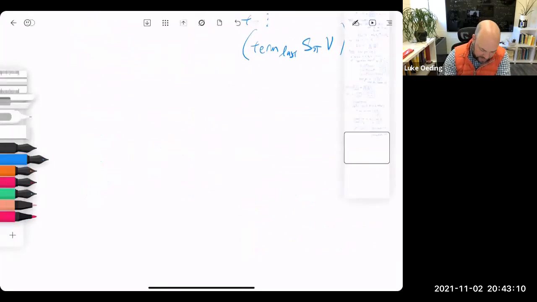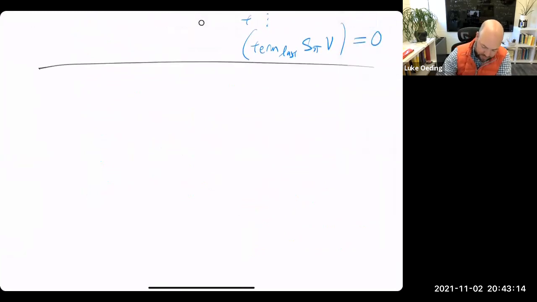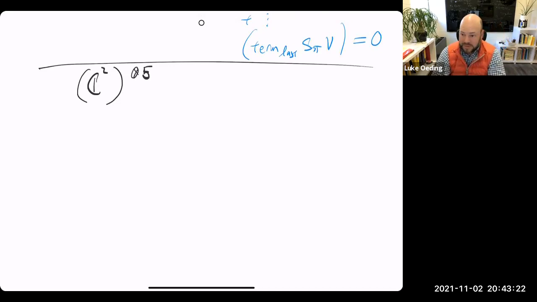Okay, so I found this example to be, and maybe I'll end with this example. So I'm interested in C2 tensor to the 5 for this example. And I still want degree 4 invariance.